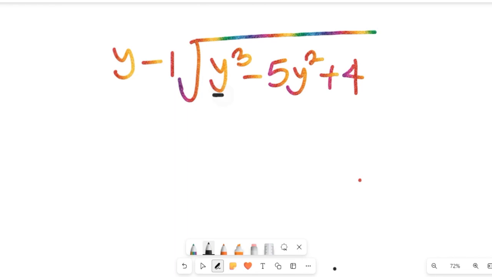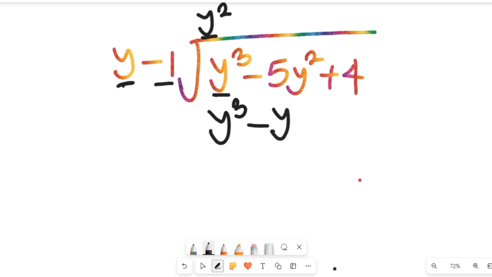So y to the power of 3 divided by y is going to give us y to the power of 2. So y to the power of 2 multiplied by y is going to give us y to the power of 3, and y to the power of 2 multiplied by negative 1 is going to give us negative y to the power of 2. So what do we do here?